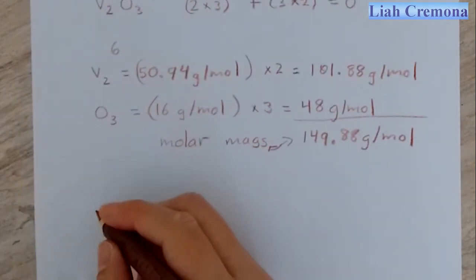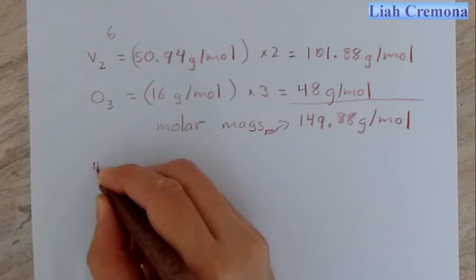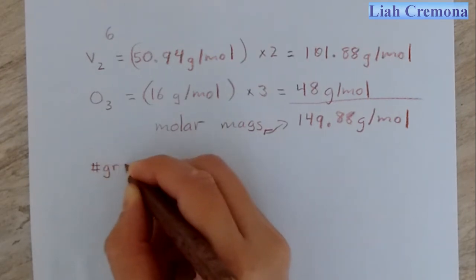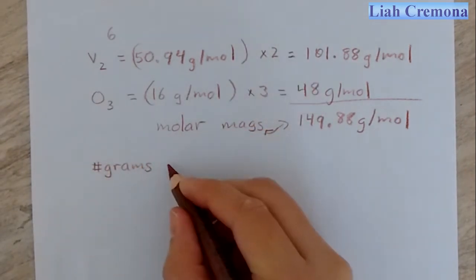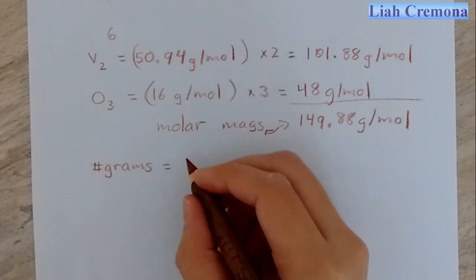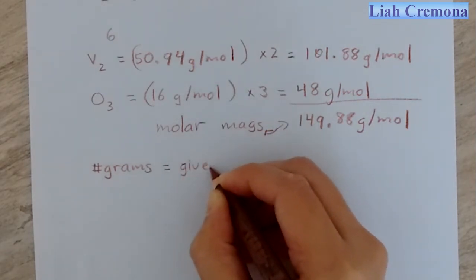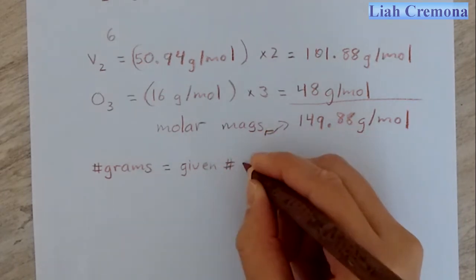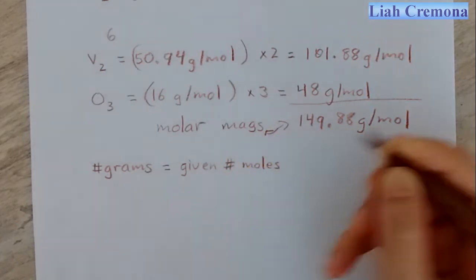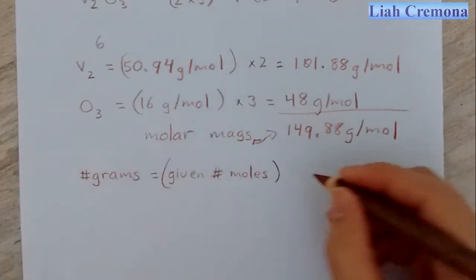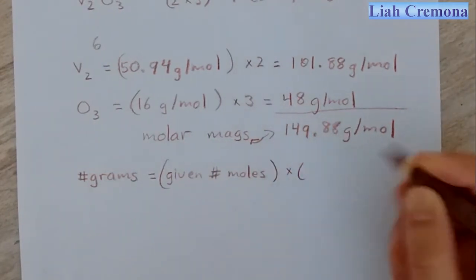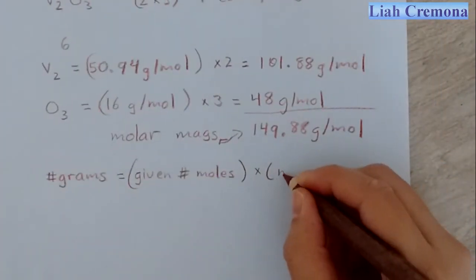Now we can calculate the number of grams. So we know that the number of grams is equal to the given number of moles multiplied by the molar mass.